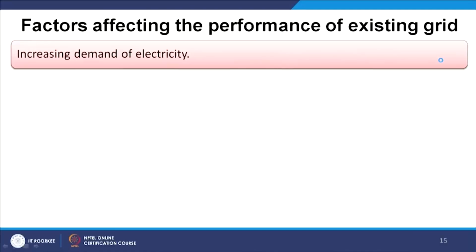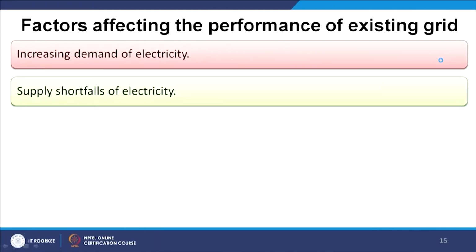Now, what are the major factors affecting the performance of the existing grid? As we have all seen, we keep on adding generation over the years, because the demand keeps increasing, the expectations from the public keep increasing, and the per capita energy consumption keeps increasing. Hence one of the major factors that puts us at risk today is the huge increase in demand for electricity.